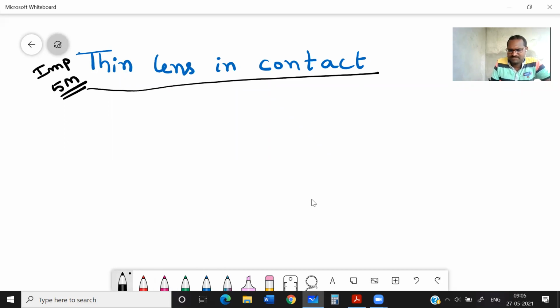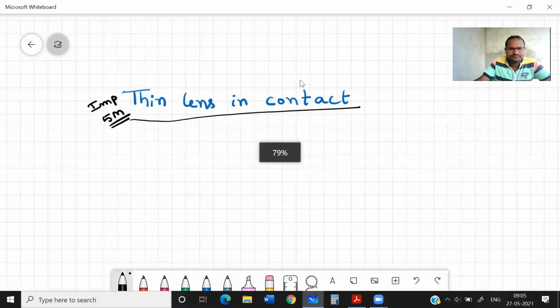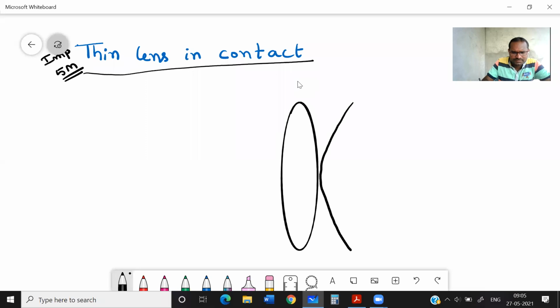Let us consider two lenses like this, and these two lenses are thin lenses.